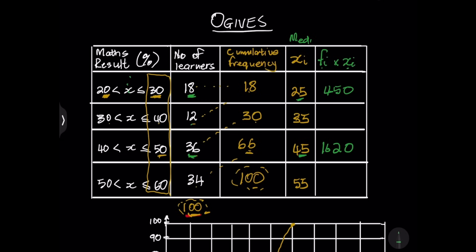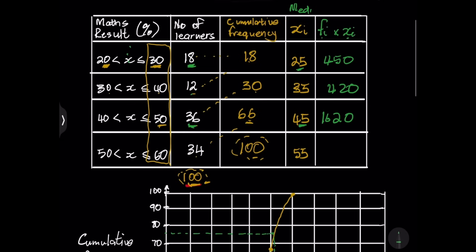So this is 420. Okay, and then 36 multiplied by 45, which gives me 1,620. And the last one, I'm going to take the number of learners multiplied by the midpoint, which is 34 multiplied by 55, and in this case I get 1,870. So those are my values.